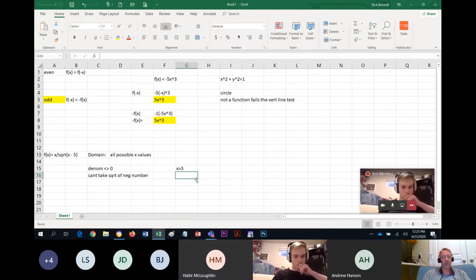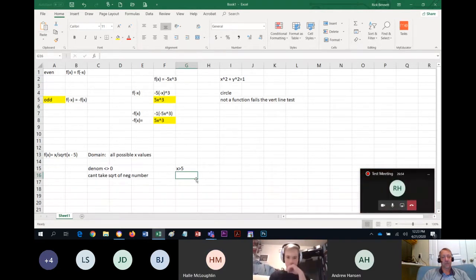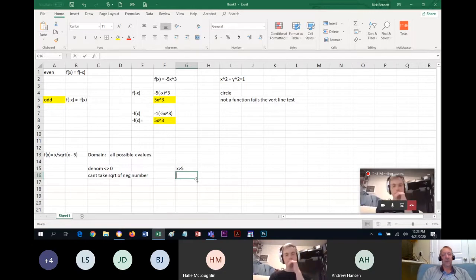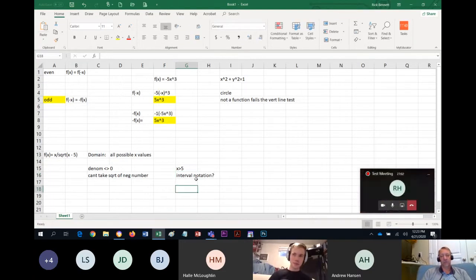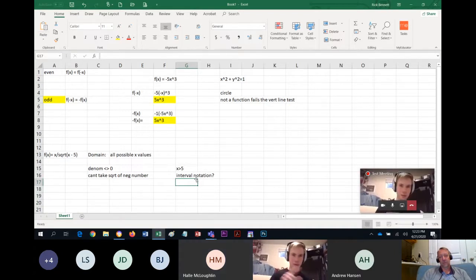Okay? Can you write that in interval notation? So that would be 5 with a parenthesis, comma, infinity with a parenthesis. Okay, and what did you forget?